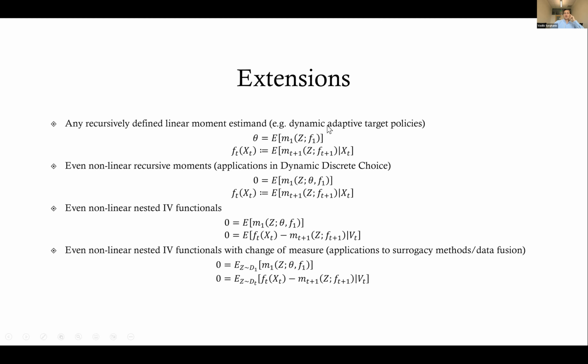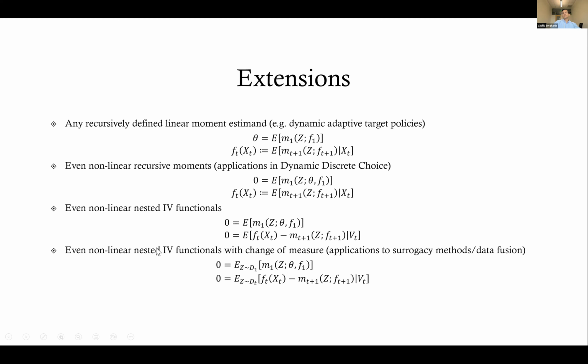And this, for instance, captures evaluation of dynamic adaptive target policies. You can also extend that to non-linear recursive moments, and we have an application of that for estimating models of dynamic discrete choice. And you can even go to non-linear nested IV functionals, where the conditioning is not the same set of variables as what goes into your function. So this corresponds to non-parametric IV problems at every stage. And we have an automatic debiasing approach for that setting.